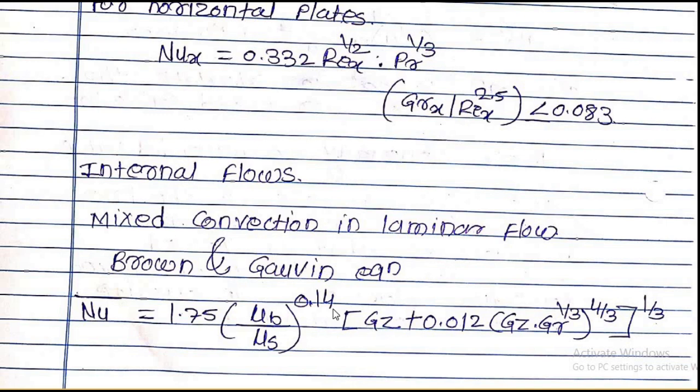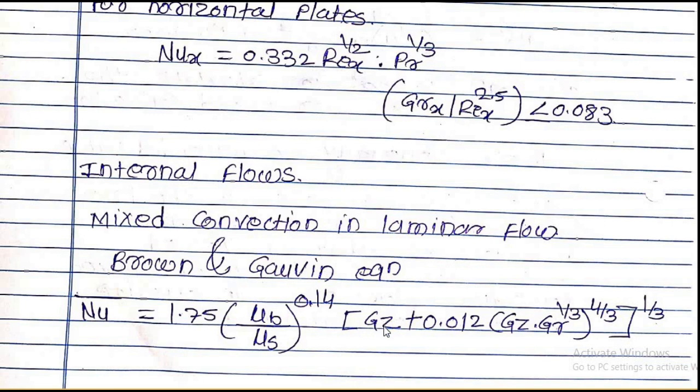In this particular case, Gz can be given as Reynolds number multiplied by Prandtl number multiplied by D divided by L, that is, the diameter of the cylinder divided by length.